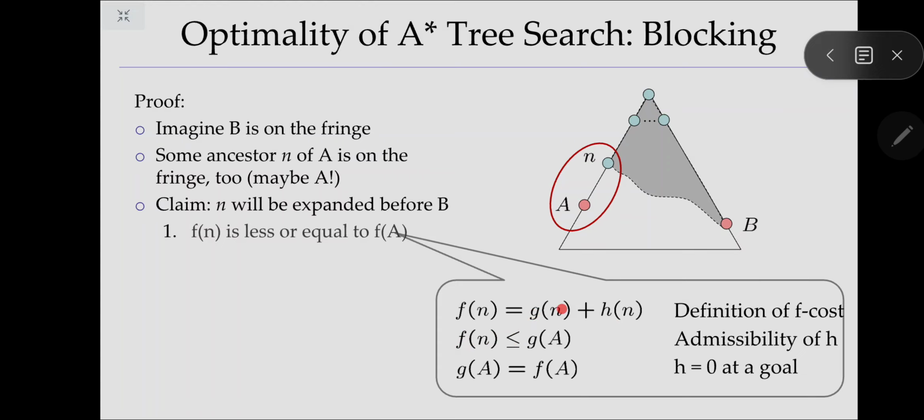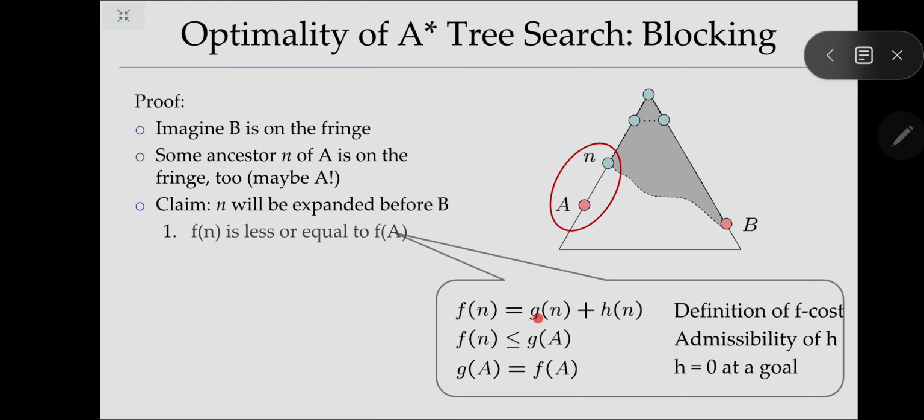Gn is a forward cost, some forward cost between the starting node and node N, plus a positive or zero value denoted with Hn, and based on the definition of Fn, both Hn and Gn are non-negative.